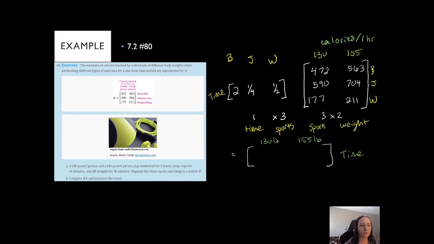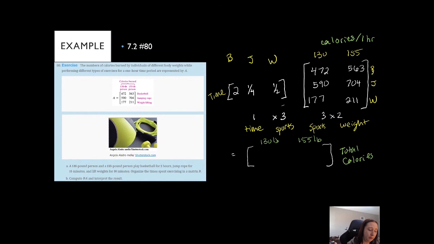Let me look at this again. We're going to do 2 hours times 472 calories per hour. So per hour is canceling, so we're actually going to get out the total calories here. So here, this is going to be the number of hours, basically.